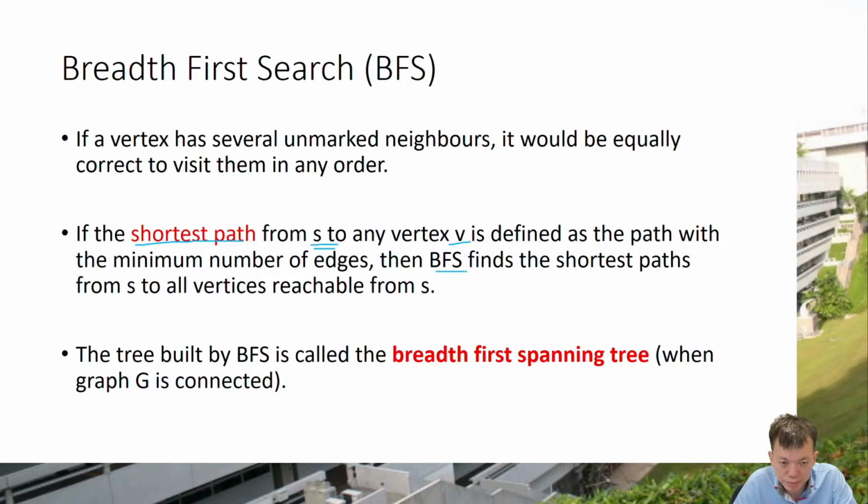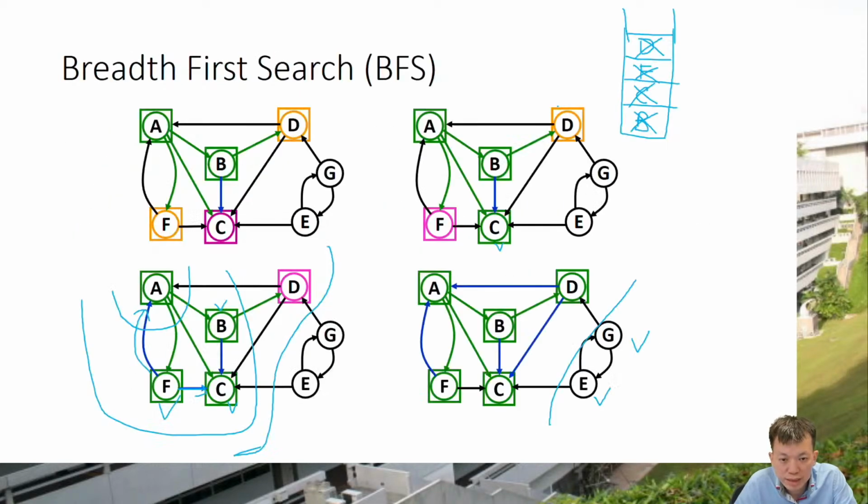Breadth-first search finds the shortest path from S to all the vertices reachable from S, just as E and G are not reachable. Then you can build the tree, called the breadth-first spanning tree. How does it look like?